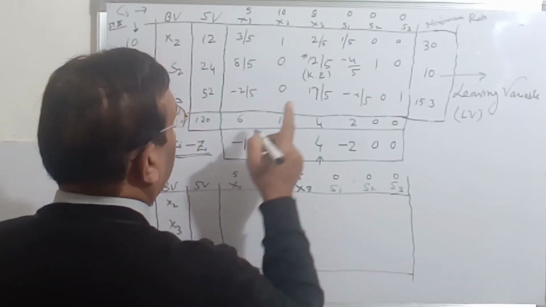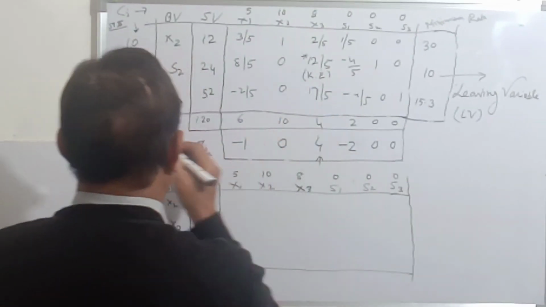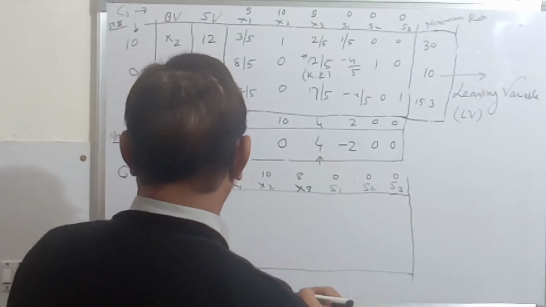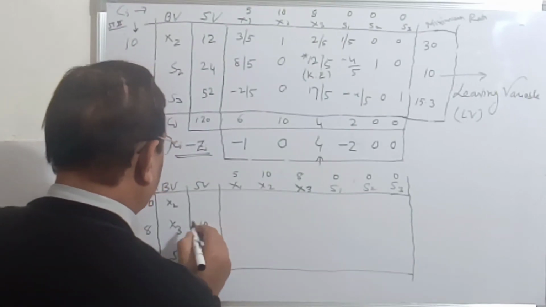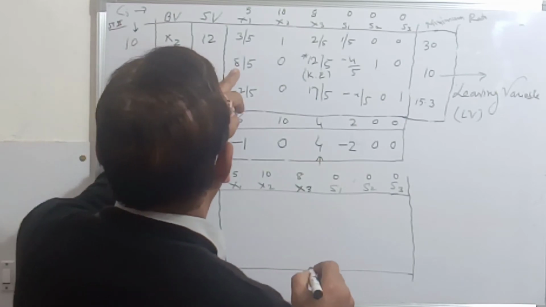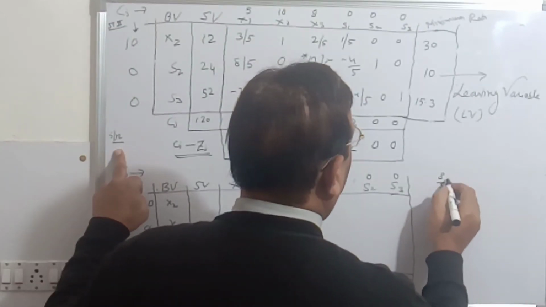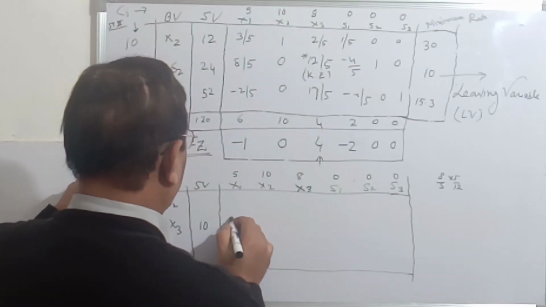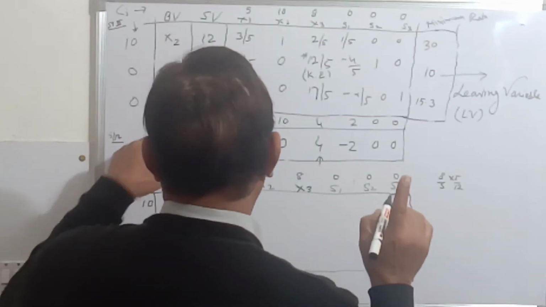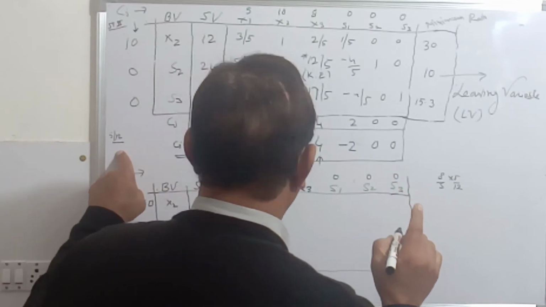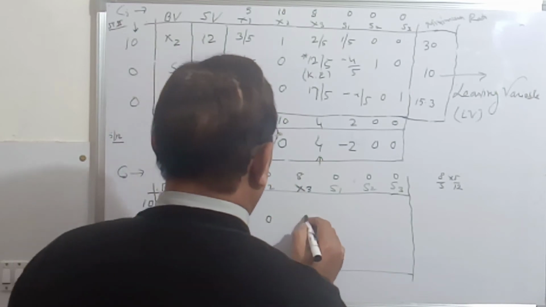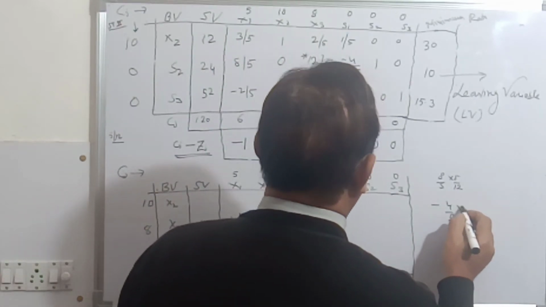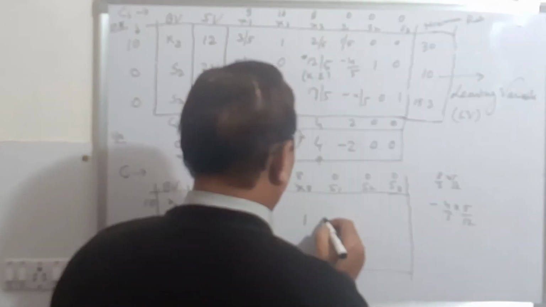So this is 24 into 5 by 12, 10. 8 by 5 into 5 by 12, 4 by 3. 0 is 0, this is 1, 5 by 8 into 5 by 12, minus 4 by 5 into 5 by 12, minus 1 by 3.